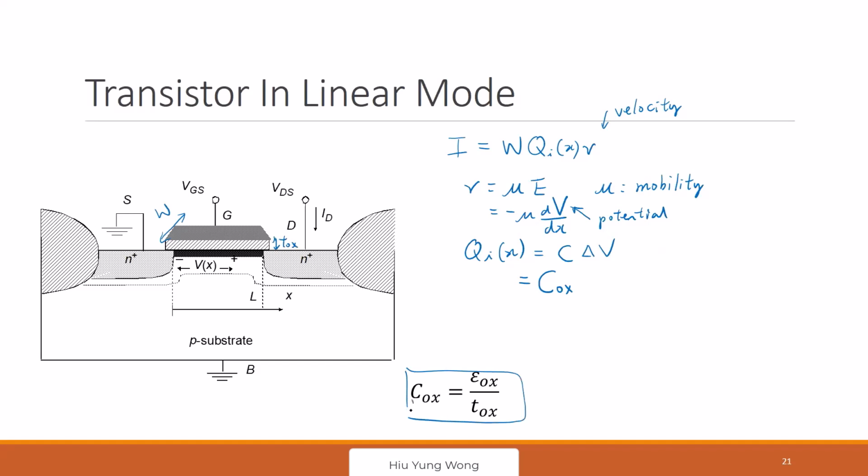And what is the delta V across this capacitance? On one side is Vg, and on the other side is Vx, just the channel potential.